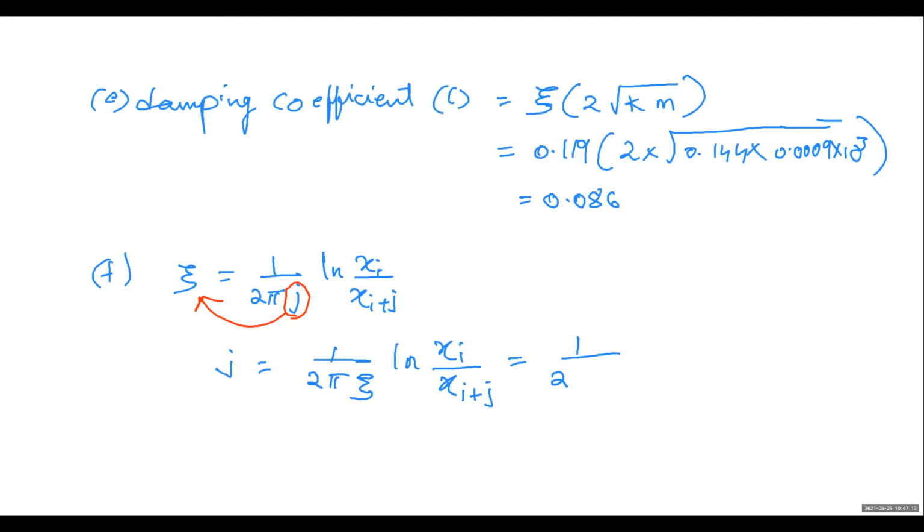So from this, 1 by 2 pi into the value what we got, 0.119, ln of this value. The displacement how much we got? 508 divided by, and how much you want to reduce to? 5 mm. So substitute 5 over there. So what is the value you will be getting?